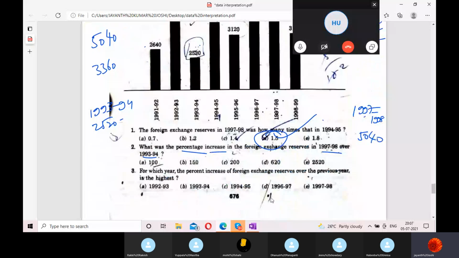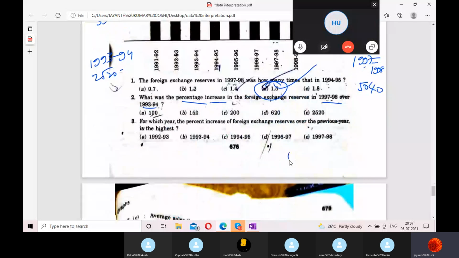So you should do 5040 minus 2520 divided by 2520 into 100. And if you see this, 5040 is exactly double of 2520.